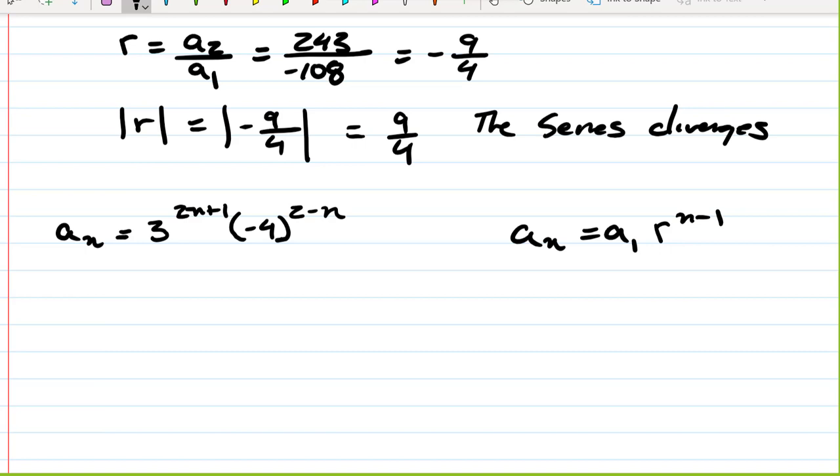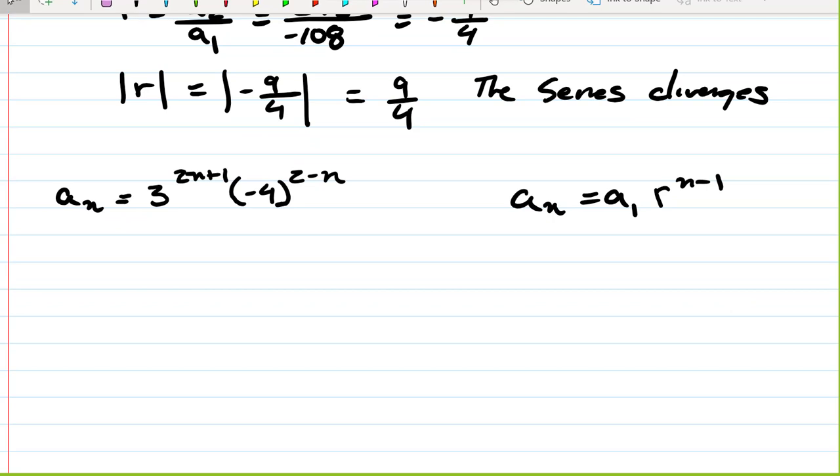Well, if I could write the left-hand side like the right-hand side, I would then be able to identify a1 and r. So using some properties of algebra, I could write this as 3 raised to the 2n times 3 times negative 4 squared times negative 4 to the negative n. And that's just using my exponent rules backwards.